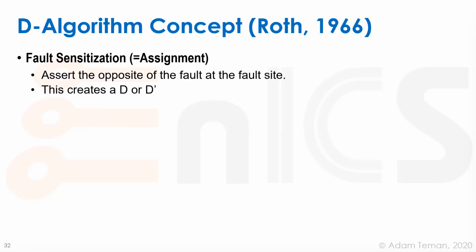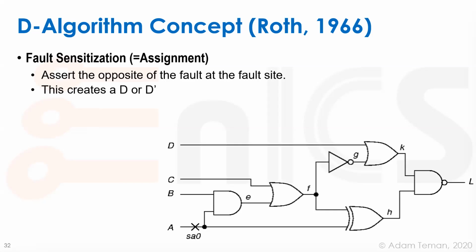So if I had a 0, I'm going to put a 1 there. And instead of calling it a 1, I'm going to call it a D. If I go from a 0 to a 1, I'm going to call it a D. If I go from a 1 to 0, I'm going to call it a D bar. There's a whole algebra of D, D bar, X, and 1 and 0, but I'm just giving you a real simplification of the algorithm here.